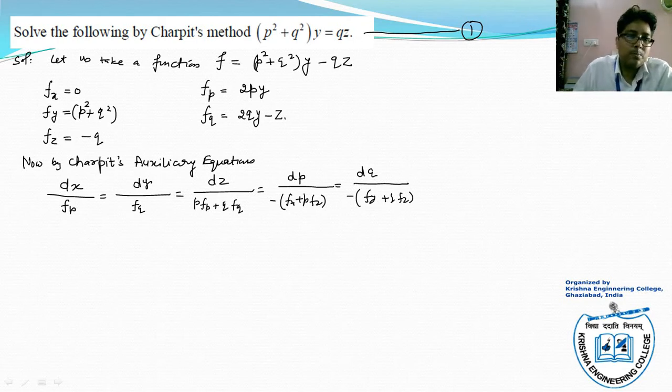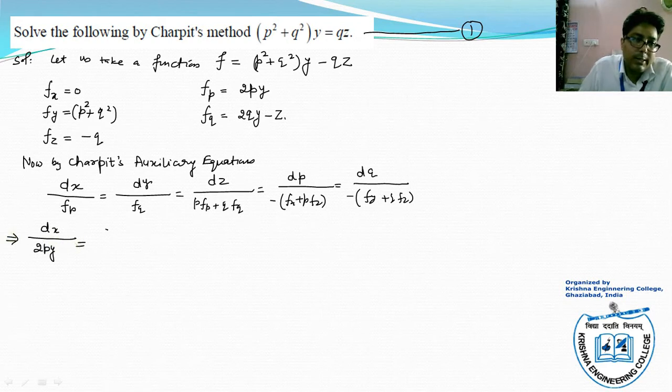Now put the values. dx upon fp, where fp is 2py. dy upon fq, the value of fq is 2qy minus z.